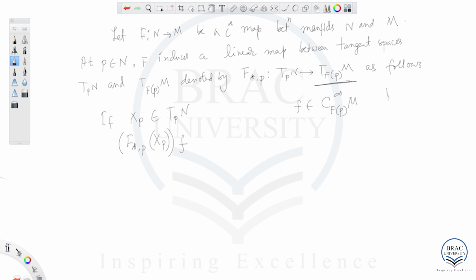Remember, big F goes from where to where? From N to M. And small f is here, right?